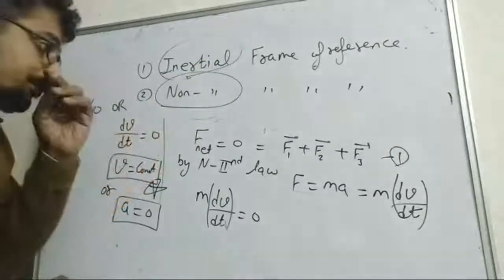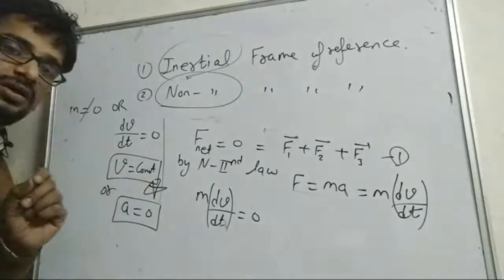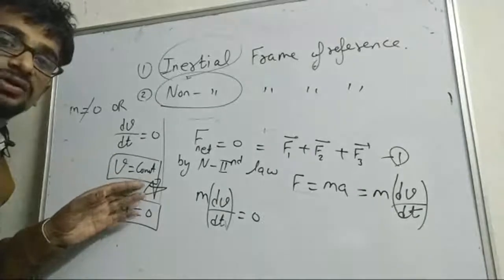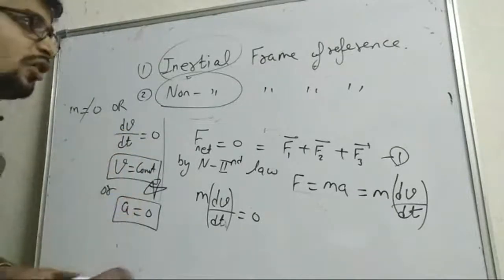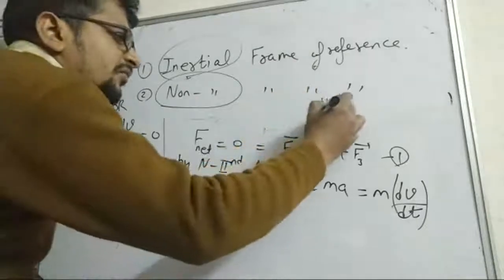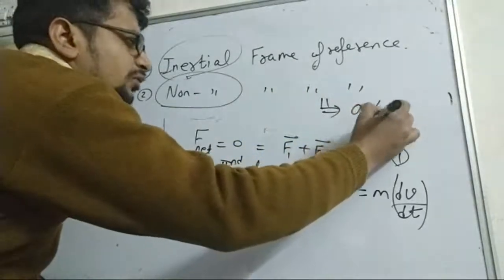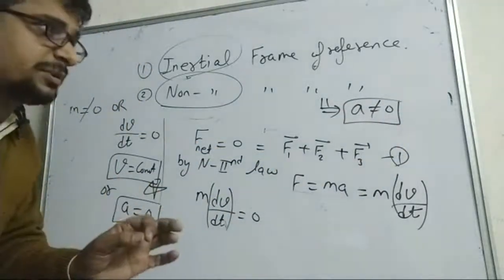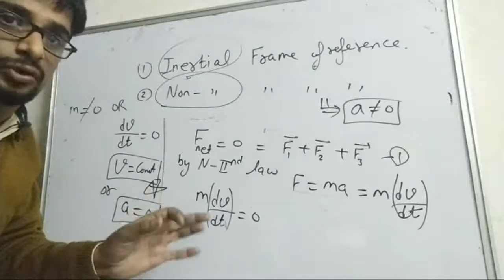It means the motion in which the velocity of a particle is not constant, because it will vary with respect to time t. Got my point? So in the second type we have the conclusion that a should not be 0. It means there is always acceleration present during the motion.